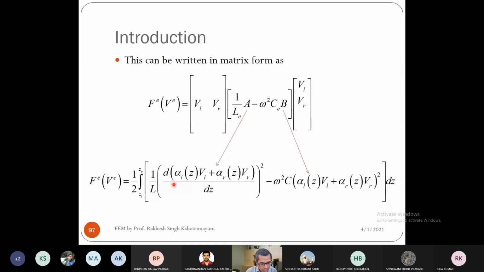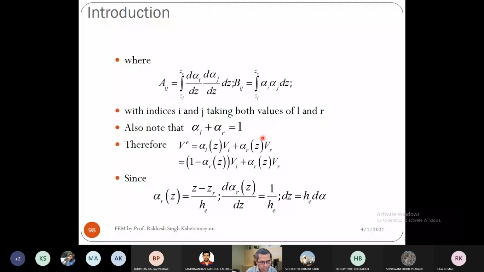So here you are doing differentiation d by dz of alpha L BL plus alpha R BR, and you also have a square here. Similarly, you have alpha L BL plus alpha R BR whole square here. So what should A and B look like? The components Aij should be of the expression integration going from ZL to ZR of d alpha i by dz times d alpha j by dz.